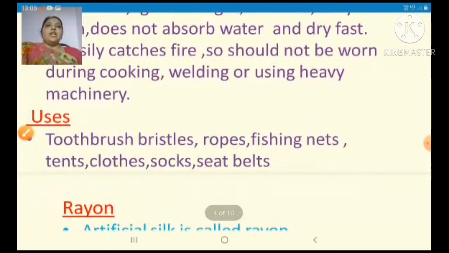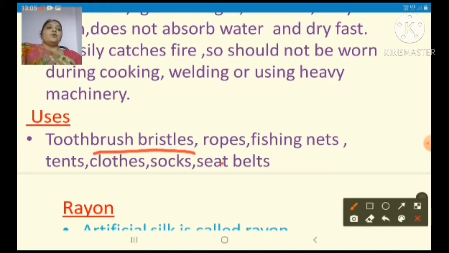And then we'll see the uses. Nylon fabric or nylon fiber is used in making toothbrush bristles, ropes, fishing nets, tents, clothes, socks, seat belts. Now you can see that natural fiber can be used only for clothing, but the synthetic fiber has a wide range of uses.